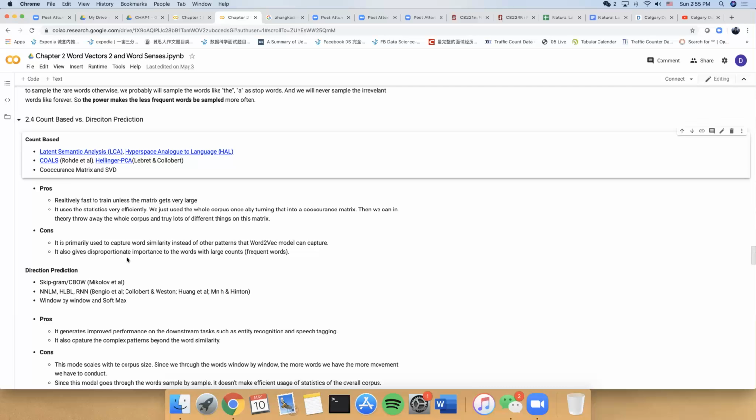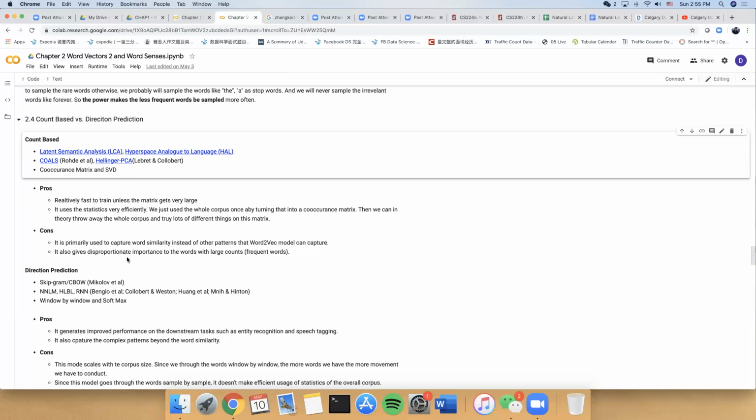And also it gives really huge importance to words with large counts. That is because this model is based on the frequency of the words, how many times the words show up in each context or sentence. So the more frequent the word, the more important it is, right?